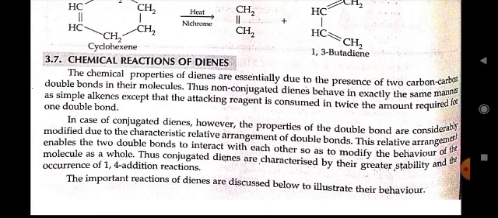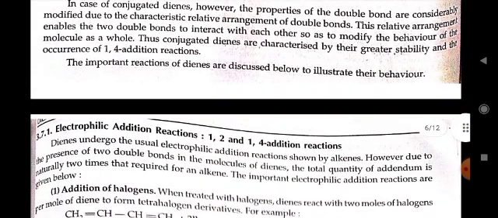This relative arrangement enables the two double bonds to interact with each other so as to modify the behavior of the molecule as a whole. Thus, conjugated dienes are characterized by their greater stability and the occurrence of 1,4 addition reactions. The important reactions of dienes are discussed below to illustrate their behavior.